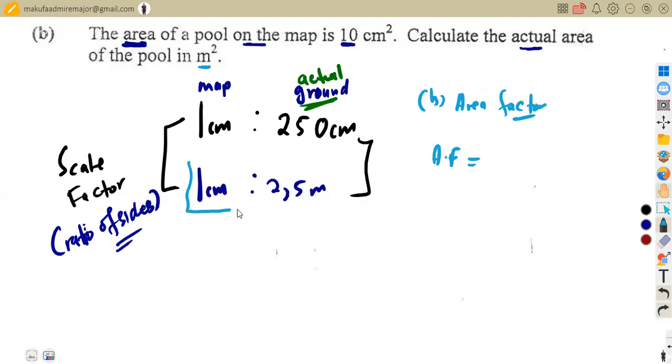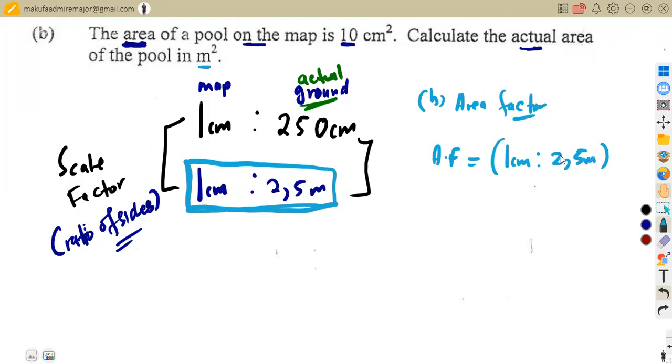Just work directly with this part that is already in meters, because we are saying 1 centimeter gives us 2,5 meters on the ground. So to find the area factor, we're going to simply square that scale factor, because our units are supposed to be in square units.